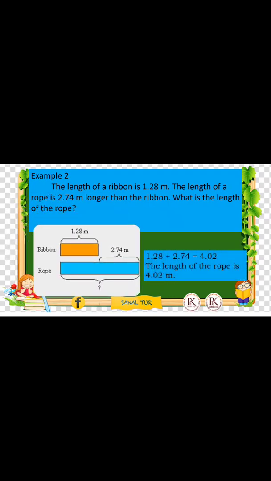By looking at the illustration, we can now say that we are going to use addition. What are we going to add? We have 1 28 meters plus 2 74 meters. That will give us the total length of the rope. So we are going to do addition.